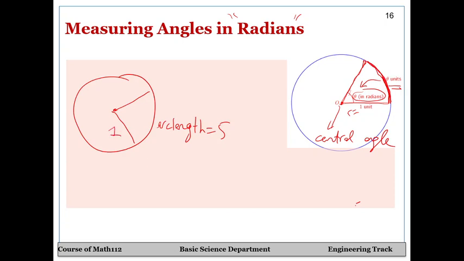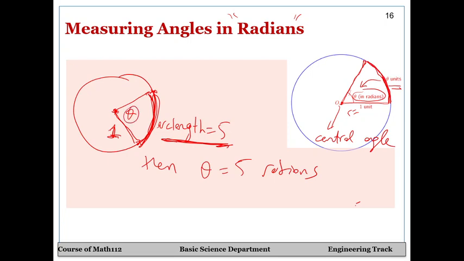Then this theta is 5 radians. So the important thing is the arc length here. If the arc length subtended for this central angle theta is 5, and the radius is 1, then we say theta is 5 radians. So basically, if the radius is 1 and the arc length is 5, then theta is automatically 5 radians.